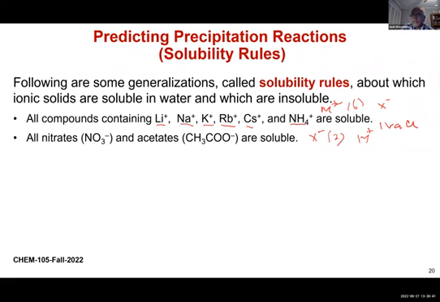For example, if you take calcium nitrate, it is soluble. If an ionic compound is a nitrate or acetate, it's soluble.